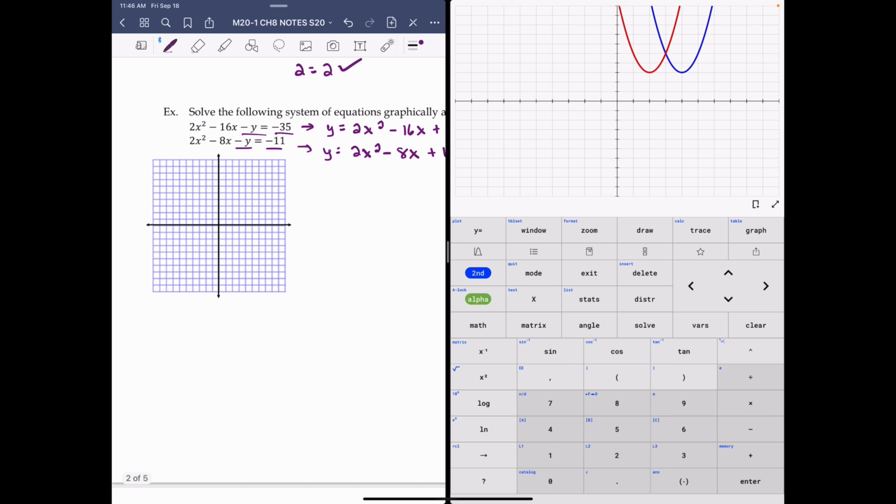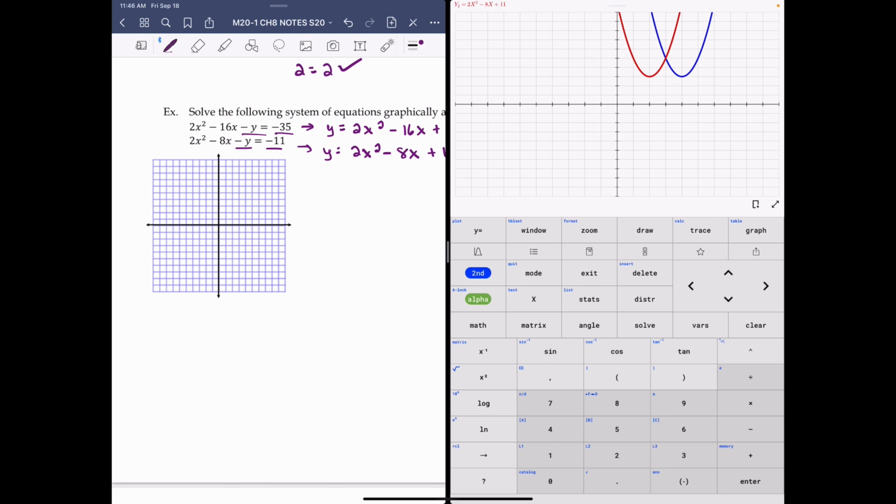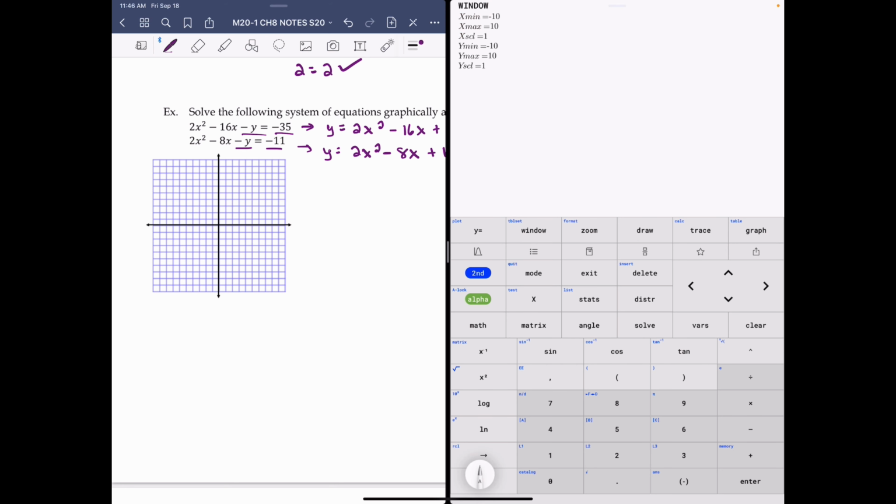We can see an intersection point. It looks like the two equations... I'm just going to change my window. I want to focus more on the positive x, positive y, because that's where my graph is. So if I go down to my x max, I can change that to, let's say, 20. If I go down to my y max, I could change that also to 20.